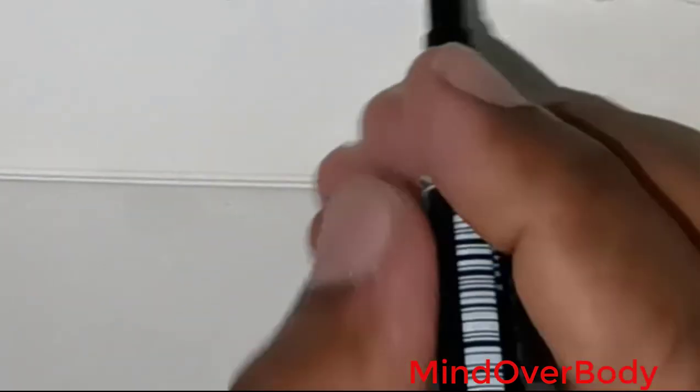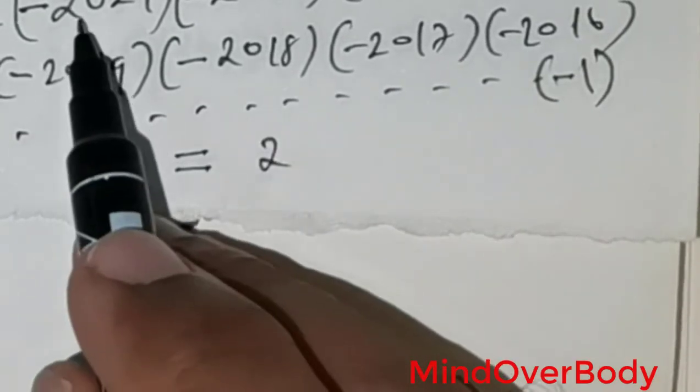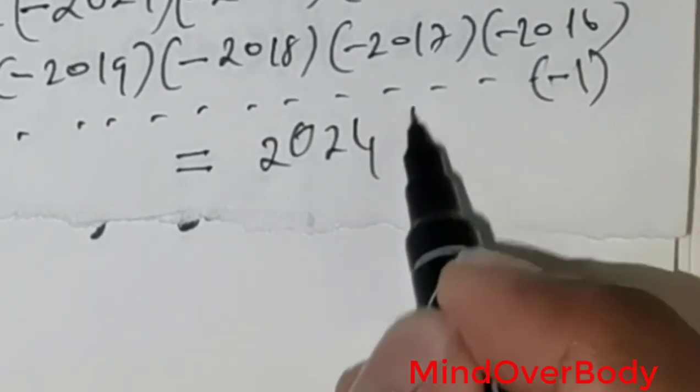Finally it will end with negative 1, right? This is the final outcome that we will land here. So now what is this? This is nothing but 2024 factorial.